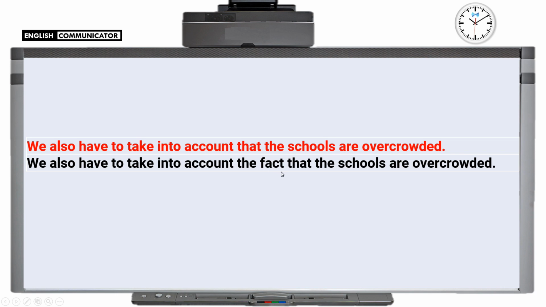No, into account the fact. What we have to take in account, what we have to put in our mind. The fact, not that school. Repeat again the right sentence. We also have to take into account the fact that the schools are overcrowded.